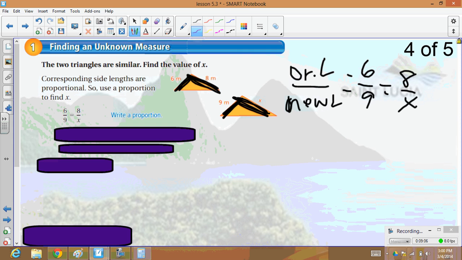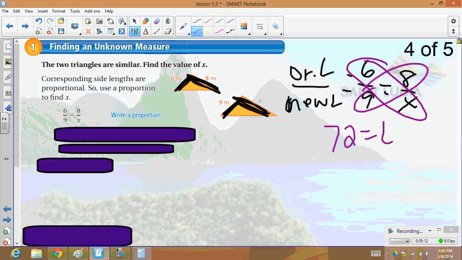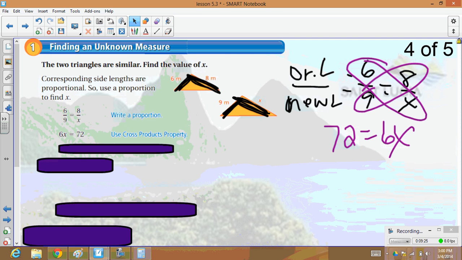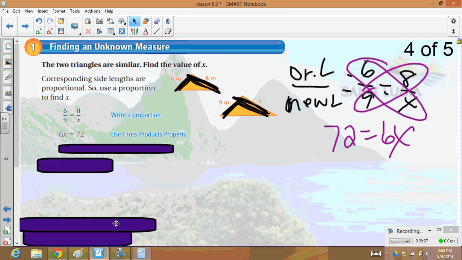I'm going to multiply 9 times 8 and get 72. And I'm going to set that equal to 6 times x is 6x. At this point, why don't you pause, copy down what I have so far. That way you can keep along and copy the rest of the notes. Alright, so from here, my job is to isolate x.